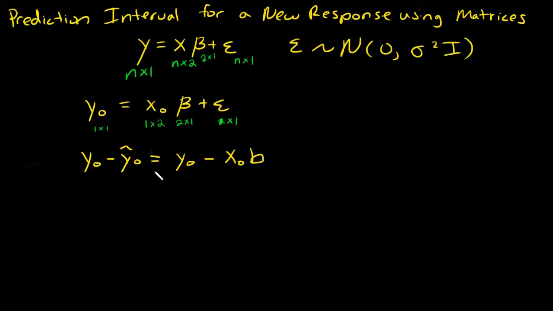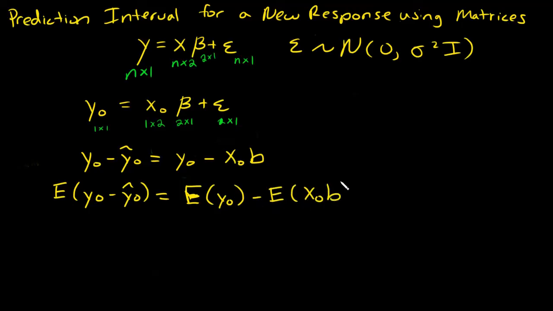We can show that the expected value of y naught minus y naught hat equals the expected value of y naught minus the expected value of x naught times b. Y naught is just x naught beta plus epsilon.